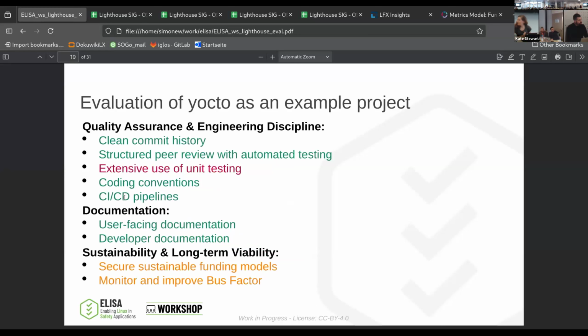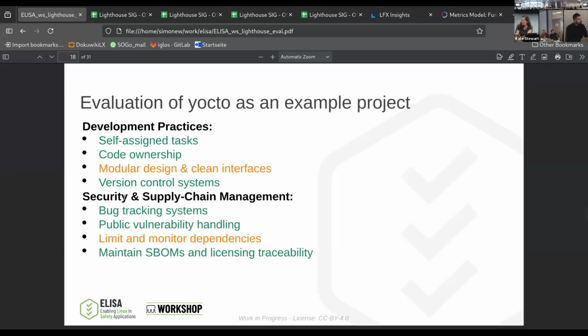That's a good question. Looking back to the views, you say it's modular design and clean interface. So there is a gap, right? A gap in the steps on how to evaluate. It depends on what you mean by Yocto.